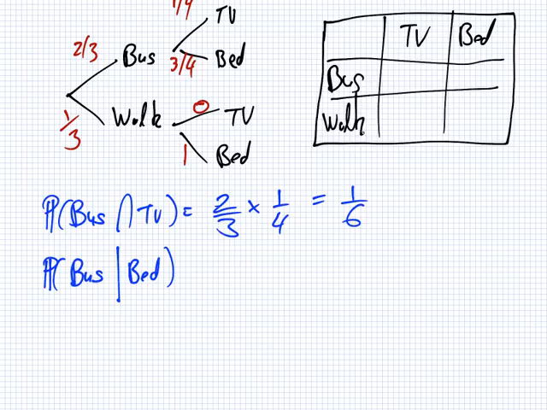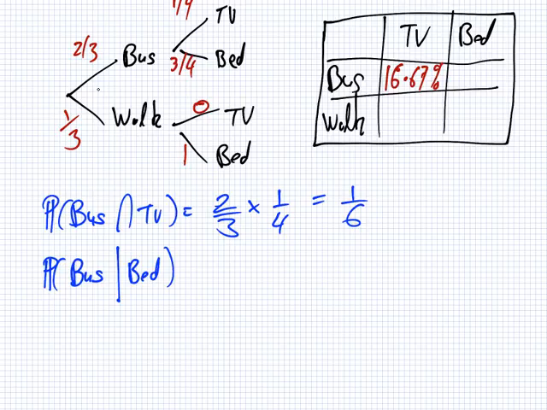So we have bus and TV, 1/6. As a percentage, that's 16.67. So 16.67% of the time, you take the bus and watch TV.